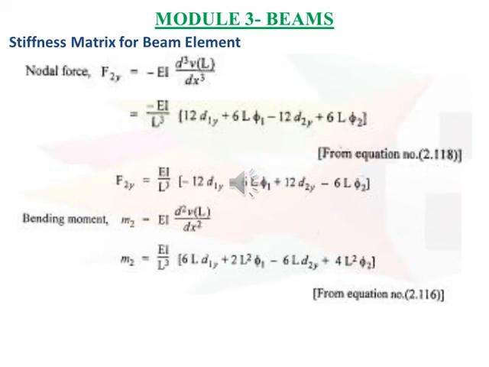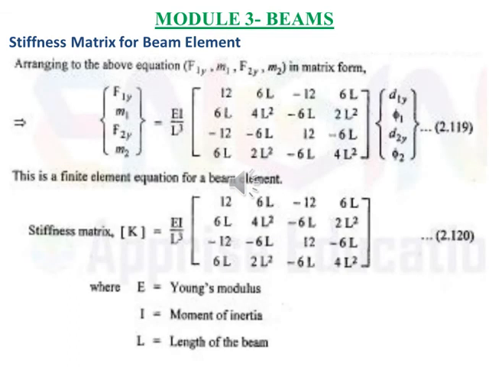Now in order to write the values of f of 1y, m1, f of 2y and m2 in matrix form, I can rearrange and write all these terms in the matrix form. So we shall see this in the next slide. So arranging the above equations f of 1y, m1, f2y, m2 in the matrix form, I can rewrite it as f of 1y, m1, f of 2y, m2 is equal to EI by L cube.